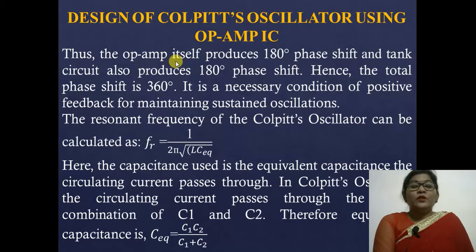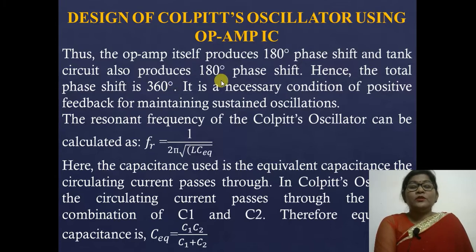Because here we are using the op-amp IC, the op-amp itself produces the 180-degree phase shift, and the tank circuit also produces the 180-degree phase shift. According to the Barkhausen criteria, the total phase shift required is 360 degree or maybe 0 degree.